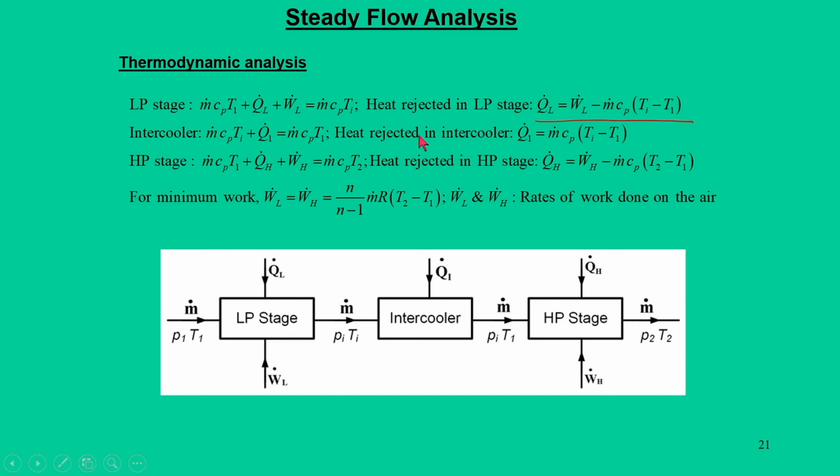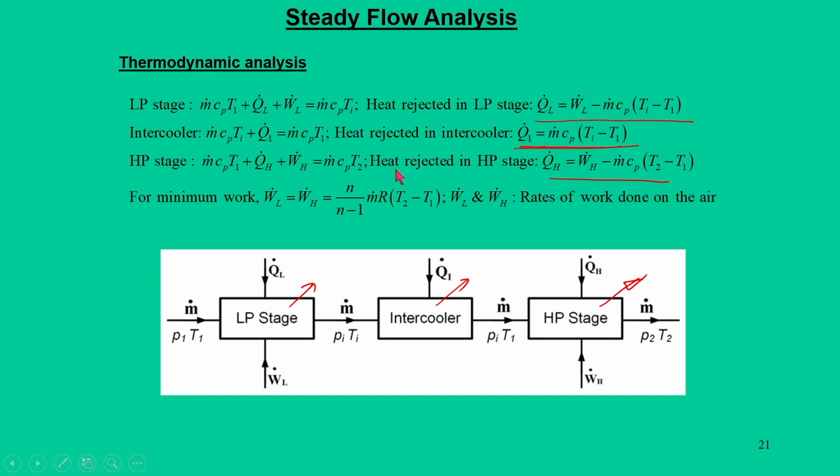And for the intercooler there is Q I, that is the heat rejected from the intercooler. Similarly for the HP stage we say heat rejected, because while deriving the expressions we used this as heat input, but actually heat is getting rejected.